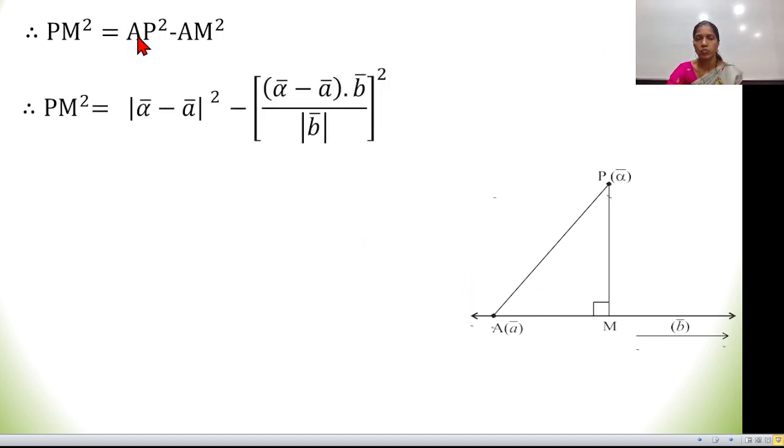Now substitute the value of AP. We know that AP bar is alpha bar minus a bar.